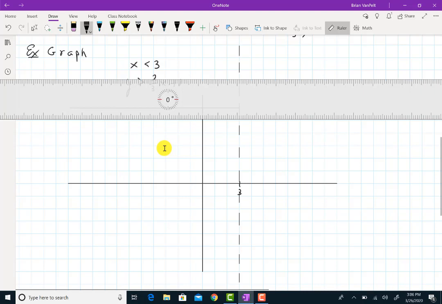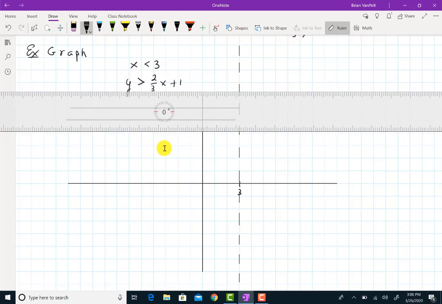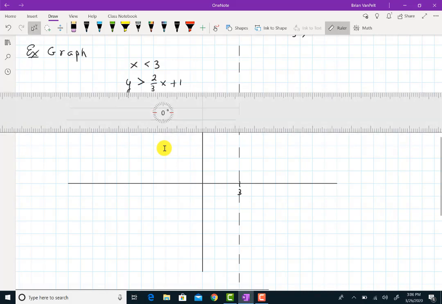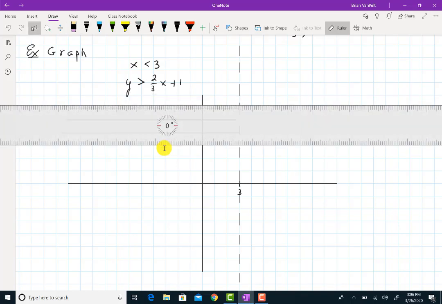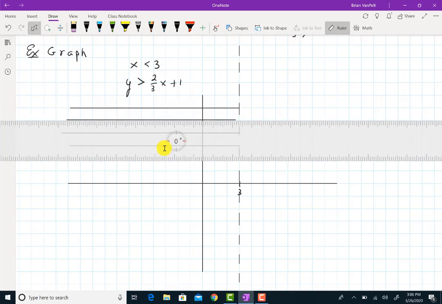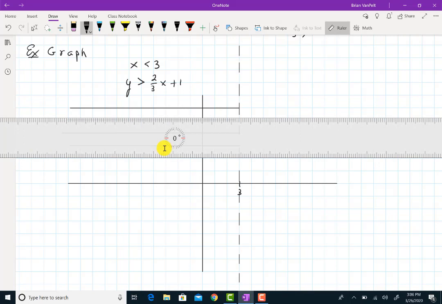I suppose you could try multiple colors. That might be reasonable. I'm not really sure. But I think this system works really well because it's easy to see the overlap. But let me keep continuing to get my lines.